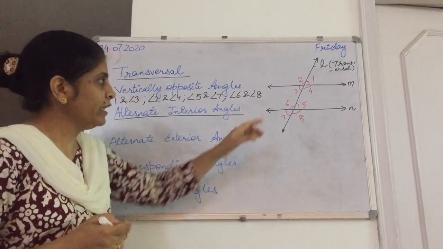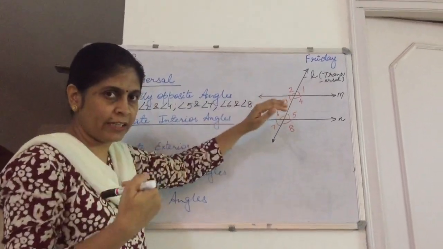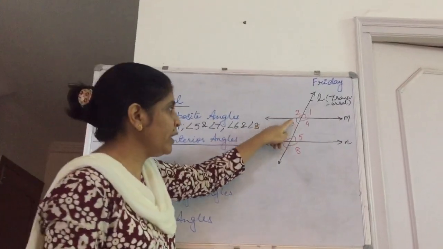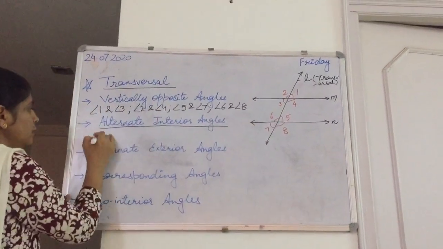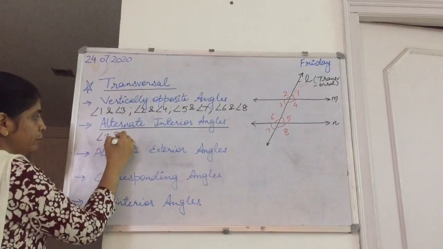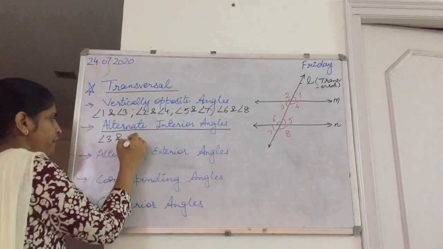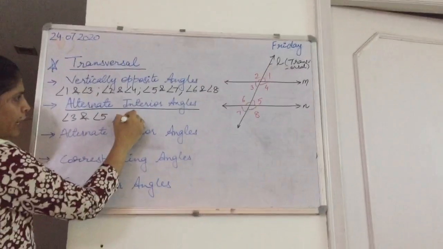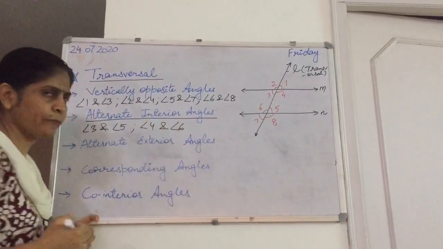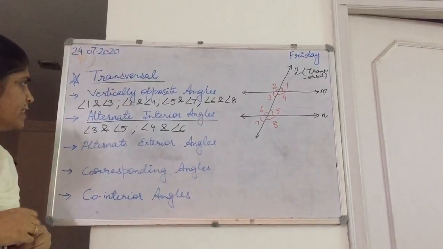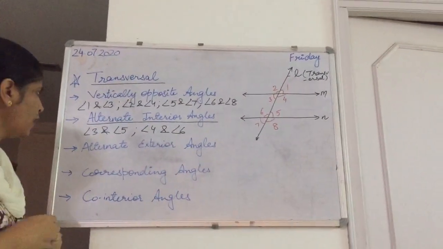Now alternate means opposite, diagonally. So angle 3 and 5, angle 4 and angle 6. Clear? These are alternate interior angles.